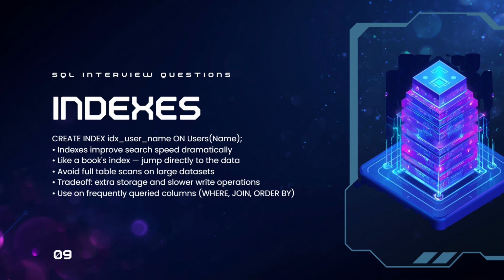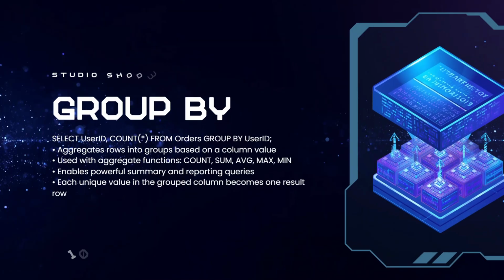Rather than scanning the entire table, it would only scan the particular data by using these indexes. But the main trade-offs here are it will take extra storage and slow down writing operations. Now move on to the next question.